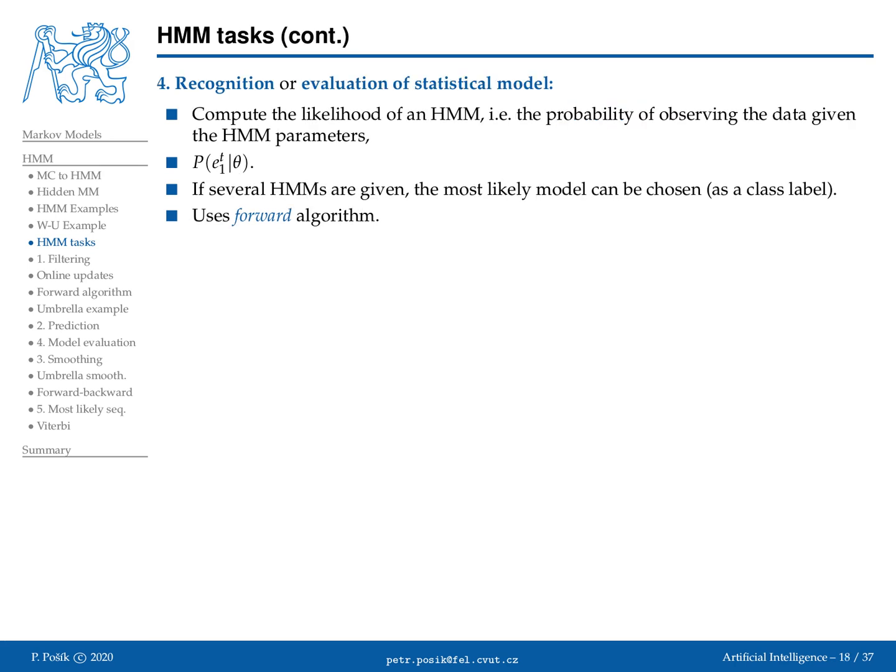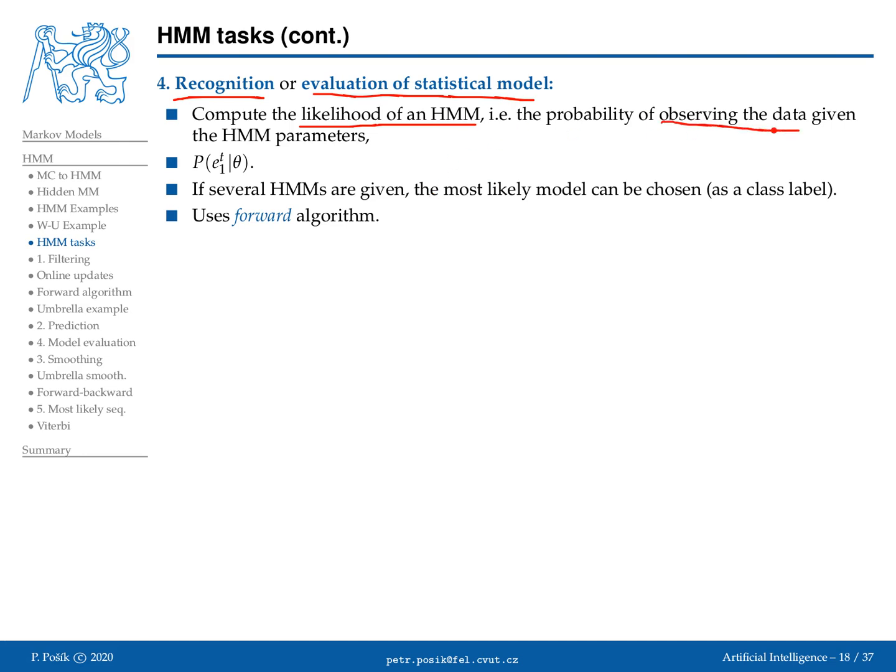And then there are maybe 3 other tasks that you can try to solve using hidden Markov models. The 4th task is the so-called recognition or evaluation of a statistical model. And the task here is basically to compute the likelihood of the probabilistic model.